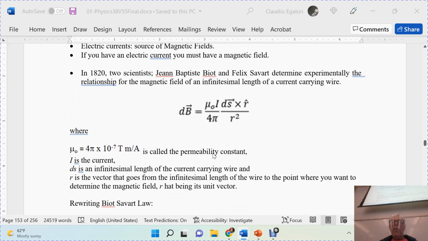It's rather easy to remember. Remember it's going to be directly proportional to the source of magnetic field, which is the current, and inversely proportional to the square of the distance, right? Then you have this cross product here upstairs and this constant mu naught over 4 pi.